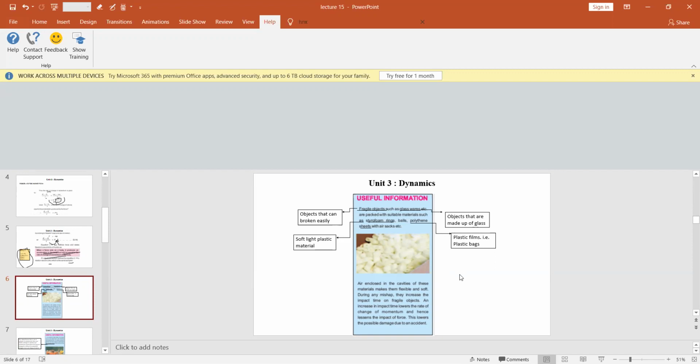So styrofoam rings, you already know, you have seen disposable white boxes in your house, disposable cups, and sometimes you pack things in them or use them. These are basically styrofoam rings which are used to pack objects, right? Then polythene sheets, they are basically plastic films. You are all aware of plastic bags which you generally use in your home.